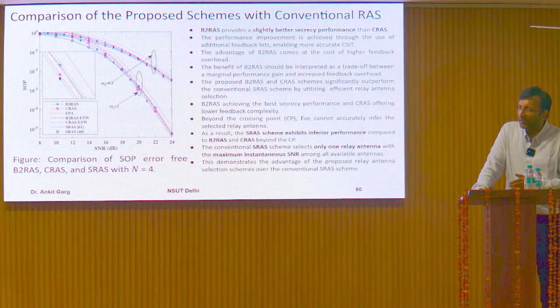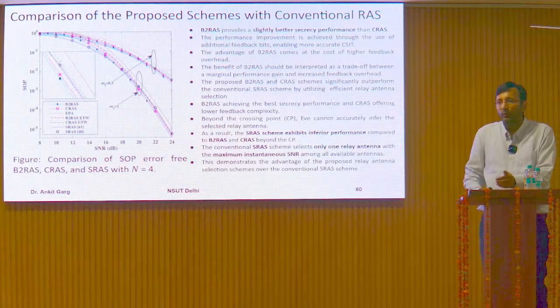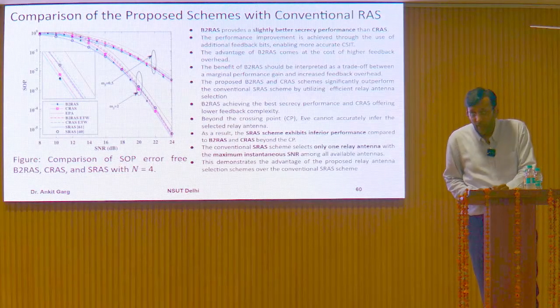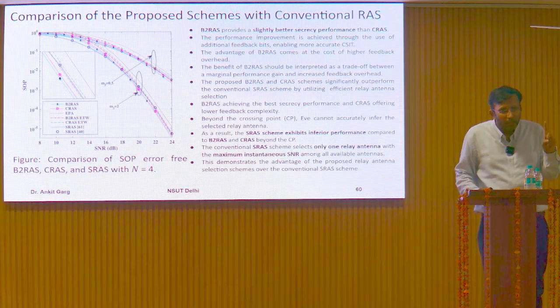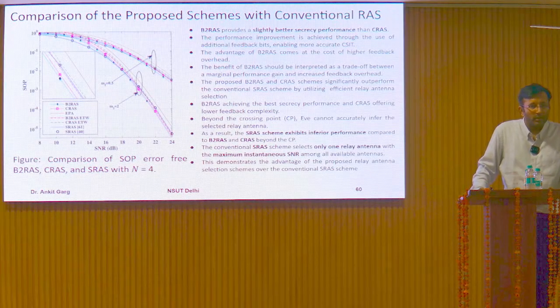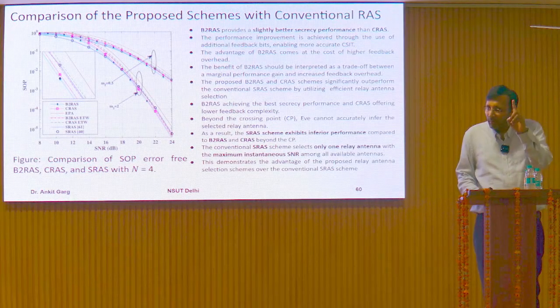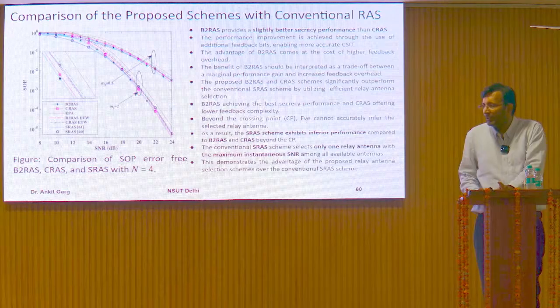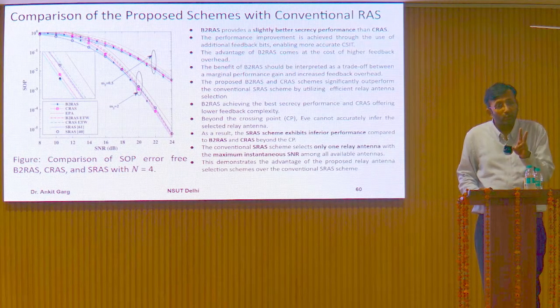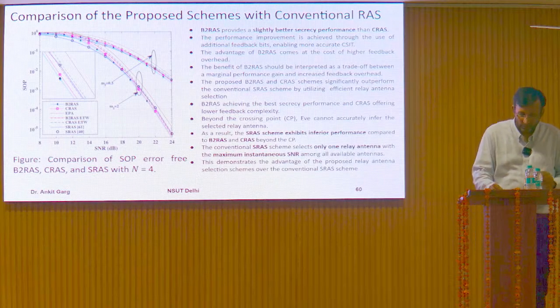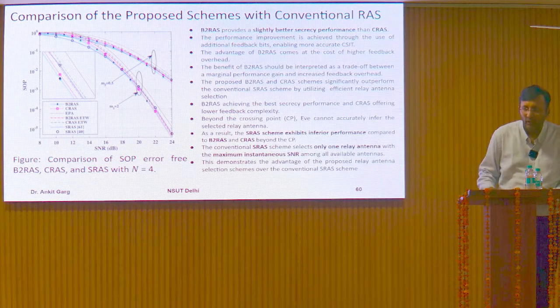As we increase the SNR, more information tends to leak towards the eavesdropper. And if we select only a single antenna, it leaks more information to the eavesdropper instead of selecting 2 antennas. Let me explain it one more time.